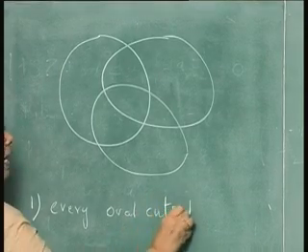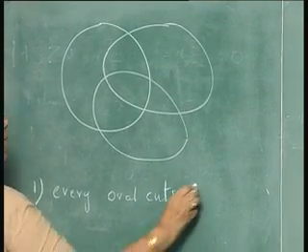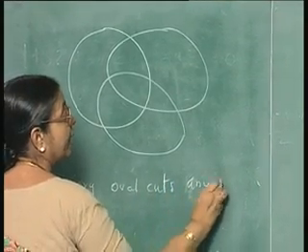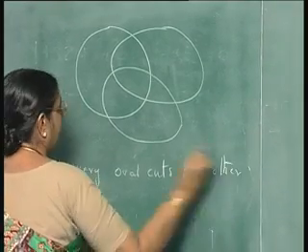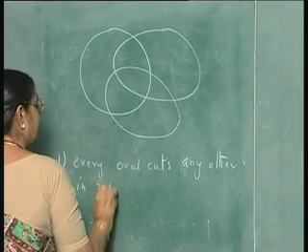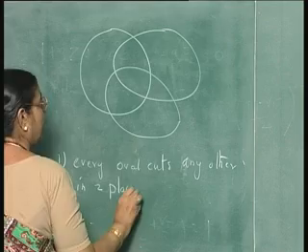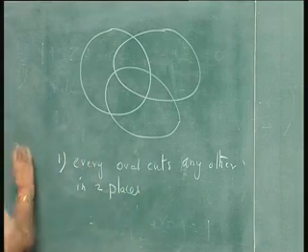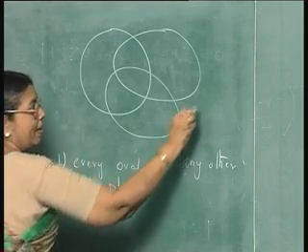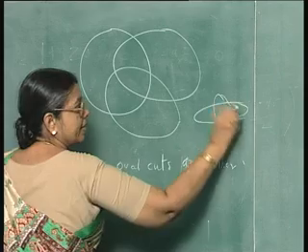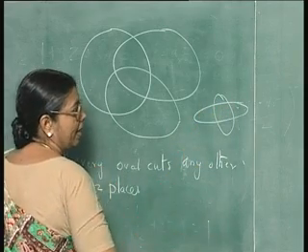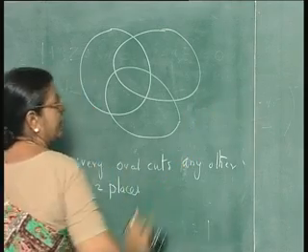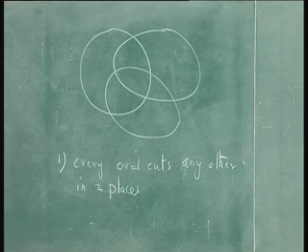There are two conditions. Every oval cuts any other oval in two places. That is, it is not something like this. For example, it is not like this; this cuts in 4 places. It is not like this, it is like this.